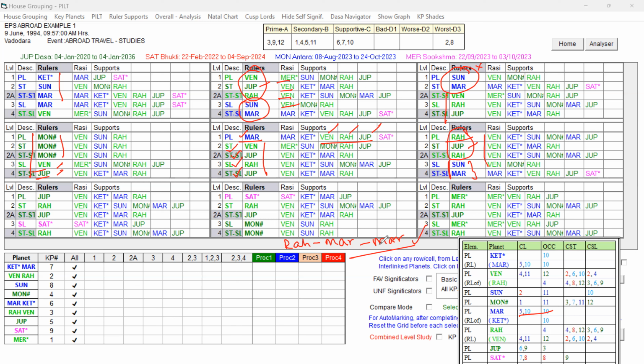So with the help of the key planets, we are able to identify the rulers ruled by the key planets of the Dasa Lord, and the destiny planets, with their strength and weakness. We can easily identify this with the help of the key planets in the PILT table.